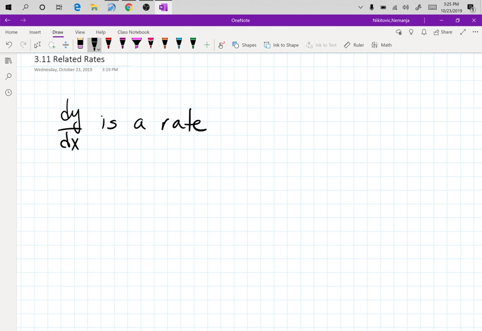One of those is t, which stands for time. Time could be measured in minutes, seconds, hours, years, months, whatever. We all understand the concept of time, which flows in the positive direction. And in section 3.11, everything will be measured with respect to time.